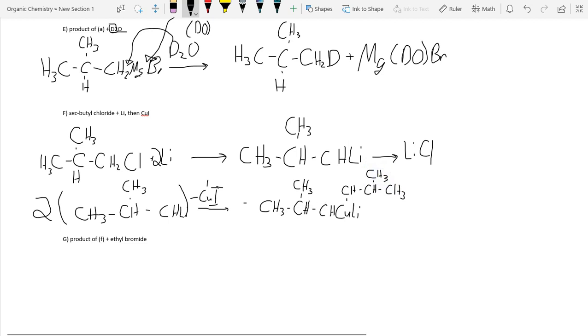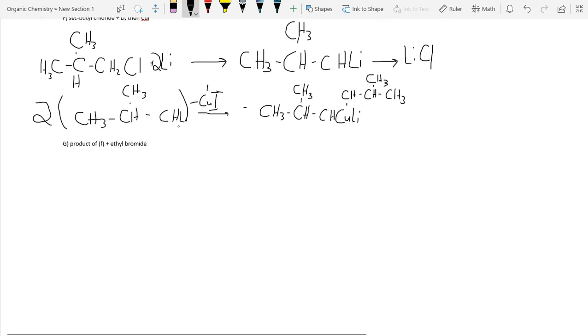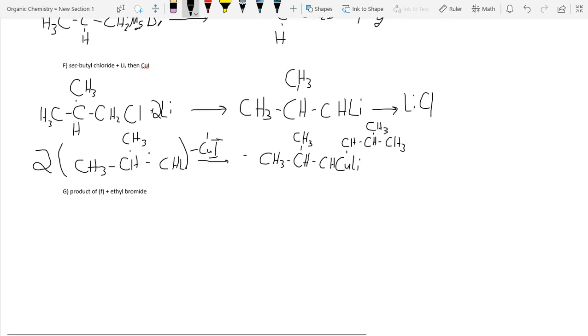So two of our sec butyls is now connected to this copper lithium, and the lithium that was from this sec butyl is now connected also to the copper as well. It's just separate from the two sec butyls.